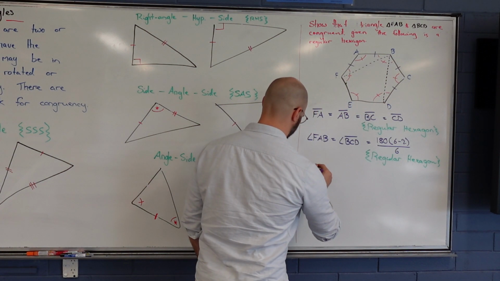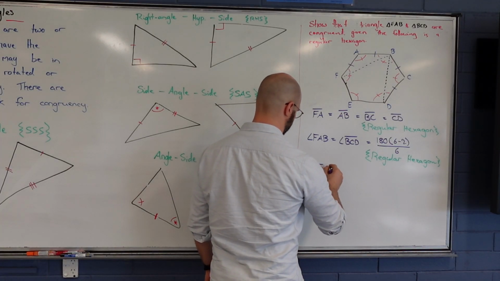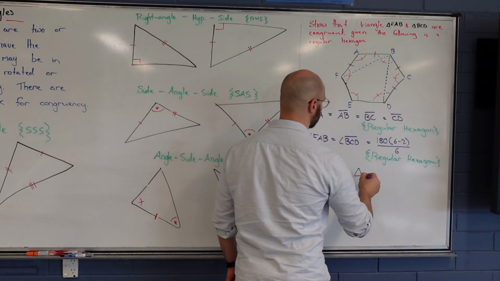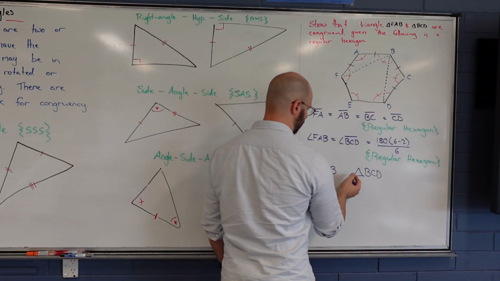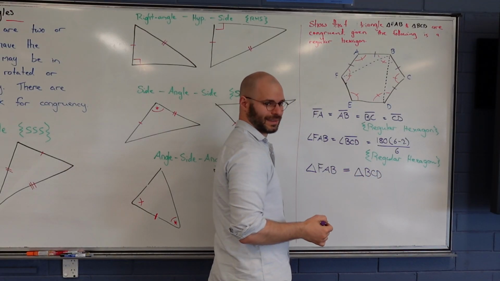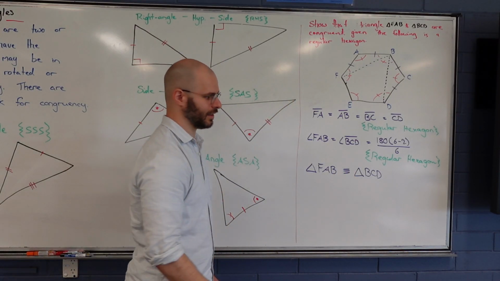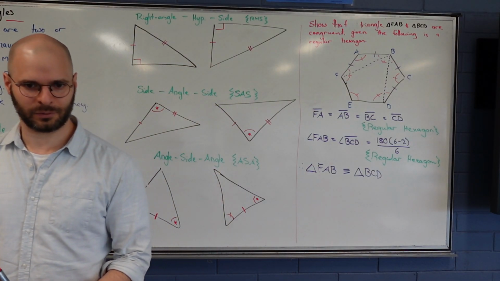So therefore, triangle FAB and triangle BCD, these guys are not just equal, they're congruent. They're exactly the same. Does this make sense?